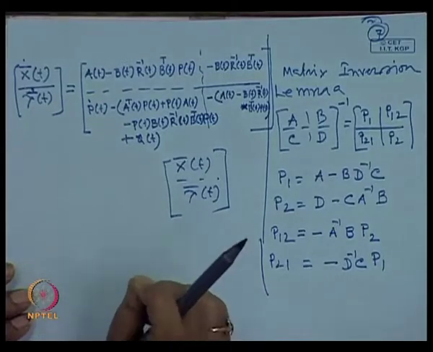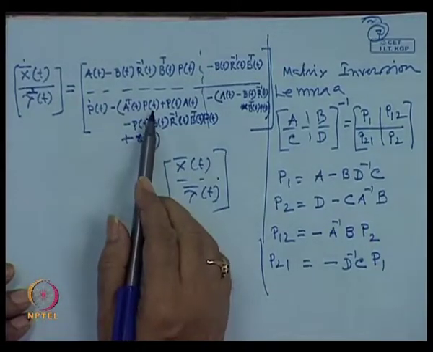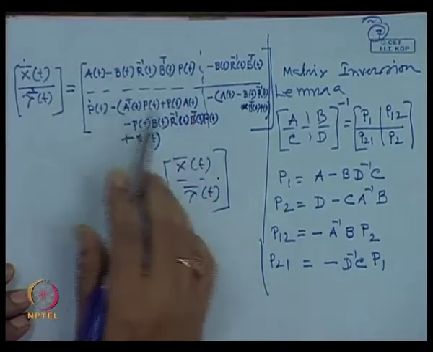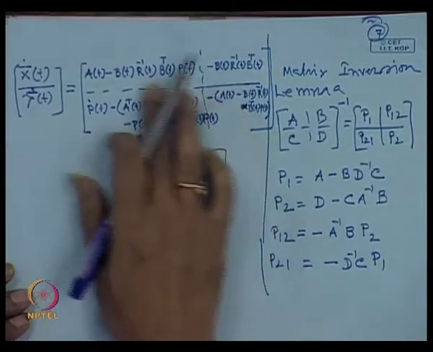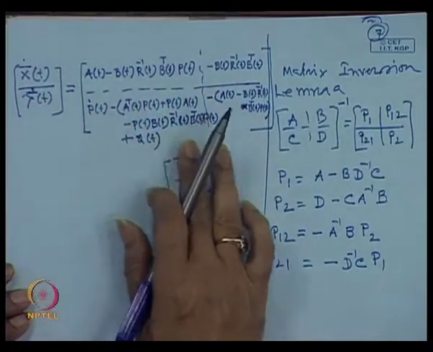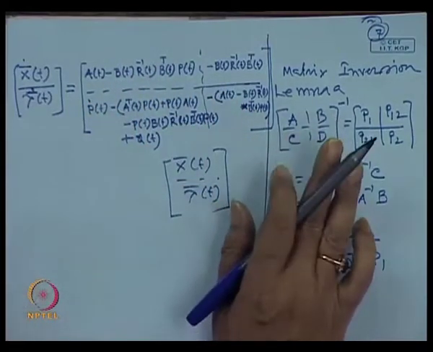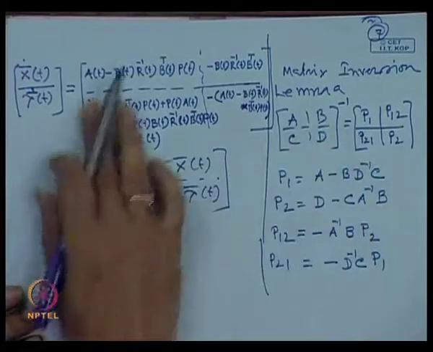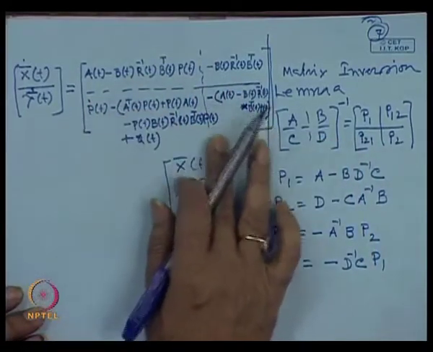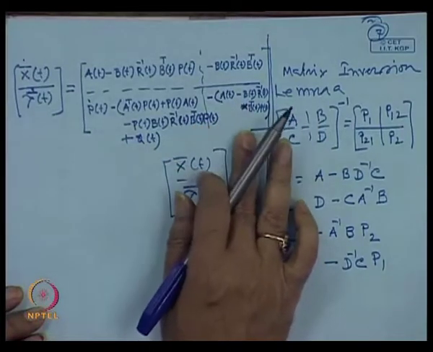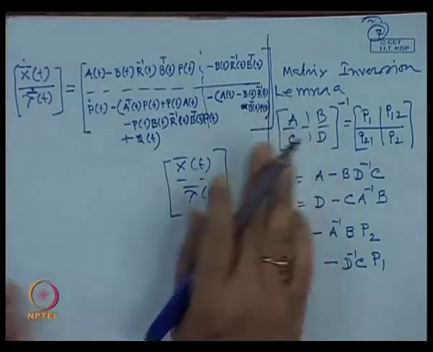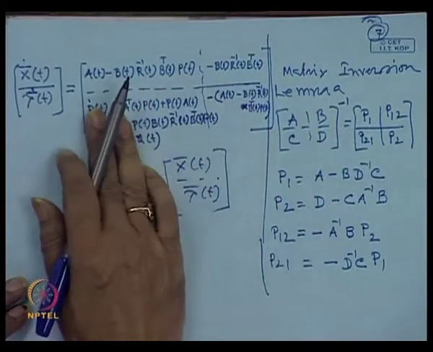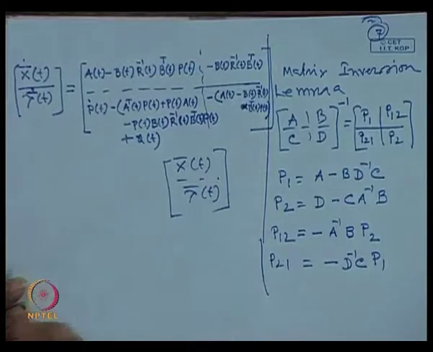So, you find the value of P of t in such a way that this is assigned to 0. That means this quantity I will assign to a null matrix. For that you solve for P such that this equation is satisfied.